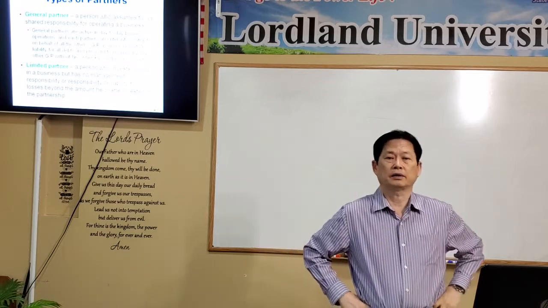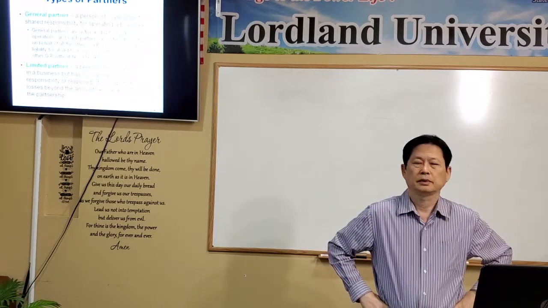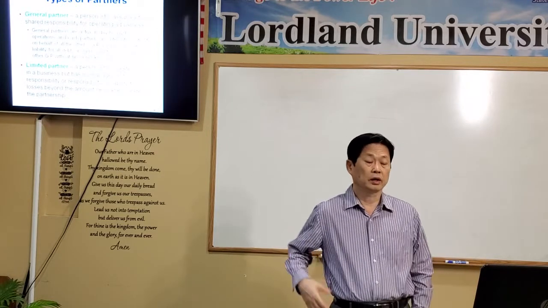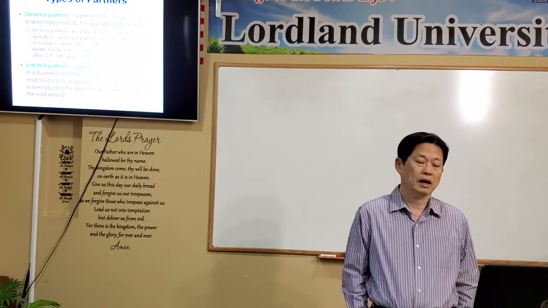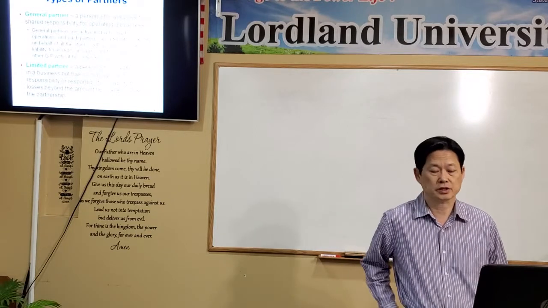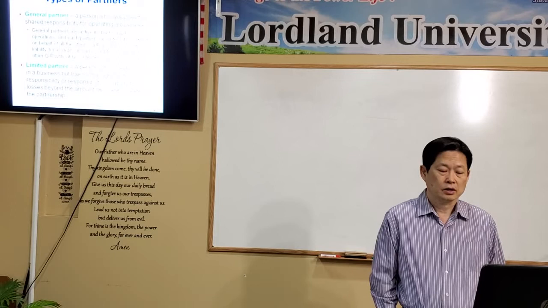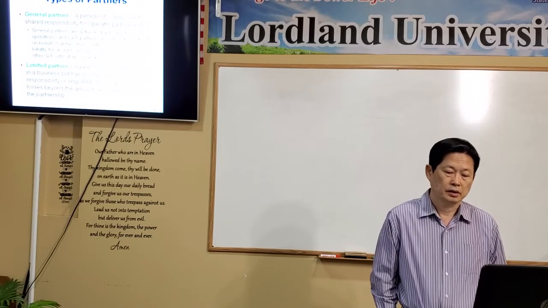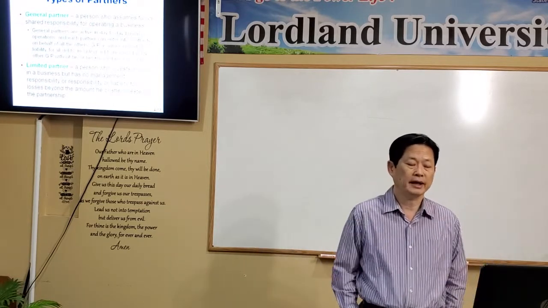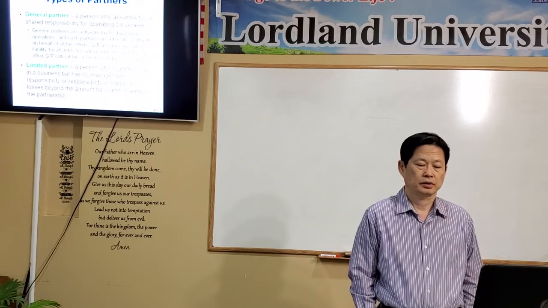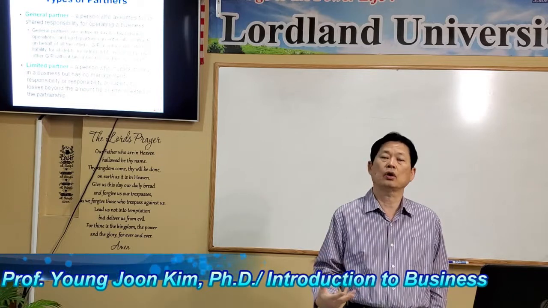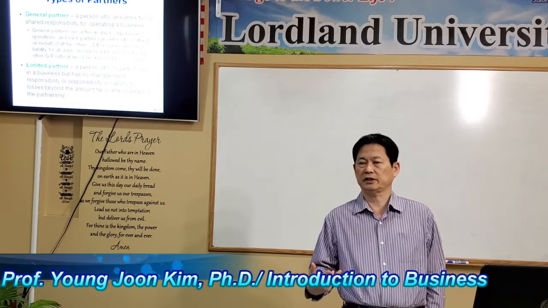A general partner is a person who assumes 100% full responsibility for operating a business or shares the responsibility with other partners for operating a business. Therefore, a general partner is just like the true owner, with unlimited liability.